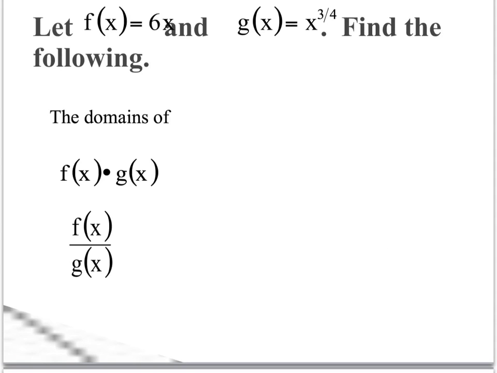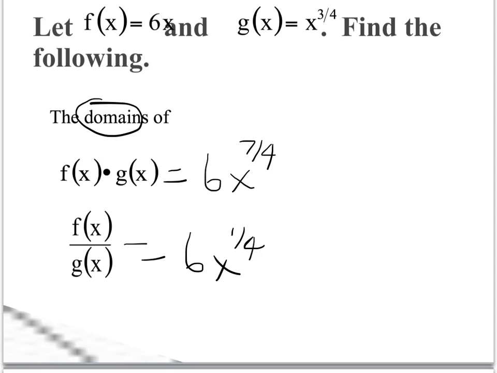Now here's this problem again where they're asking us to find the domain. So let's go back where we got f of x times g of x. That's 6x to the 7/4 power. And then dividing, that was 6x to the 1/4 power. So of course we're going to look at these x's and figure out what numbers we cannot plug in for x.